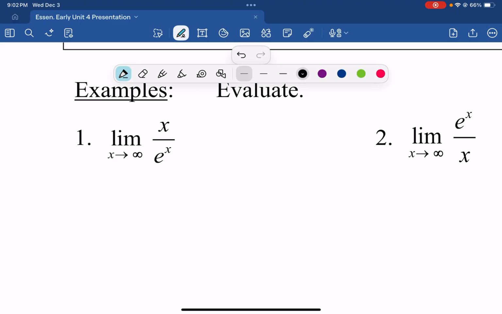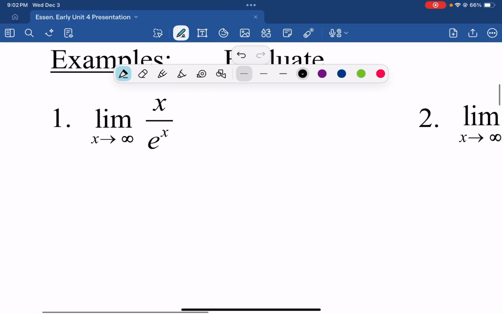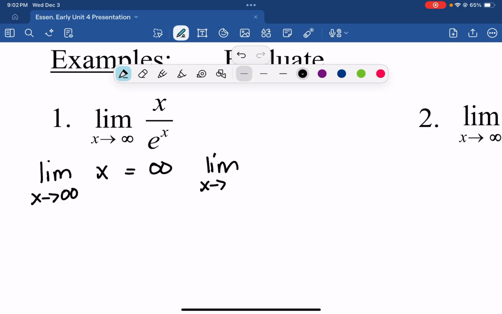But to do that, essentially, we need to state those values. So here, this is me essentially saying that I can use L'Hopital. So the limit as x approaches infinity of x is equal to infinity, right? We just said that. And the limit as x approaches infinity of e to the x is also infinity.